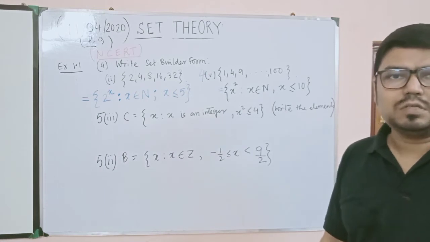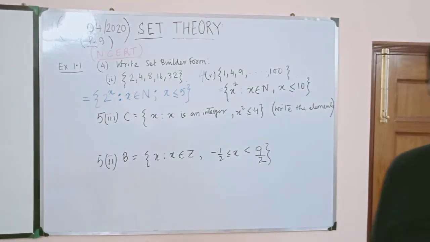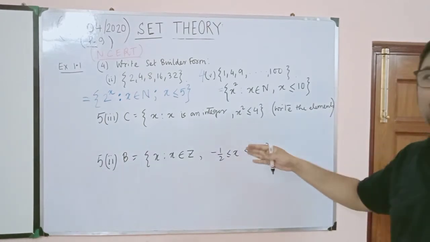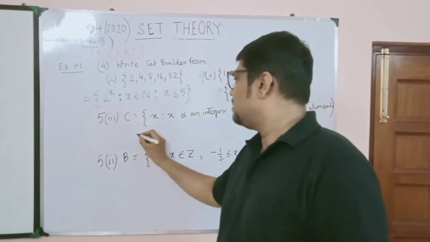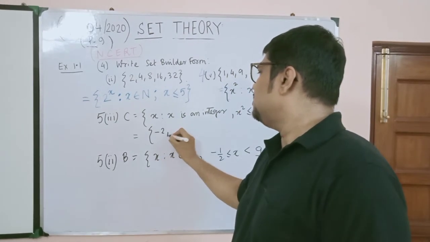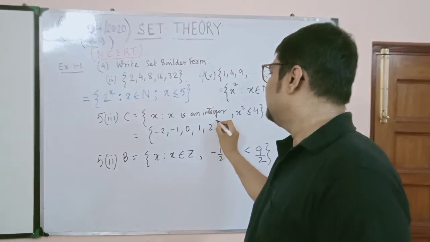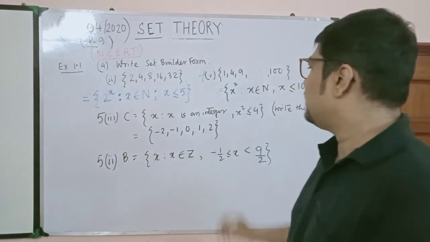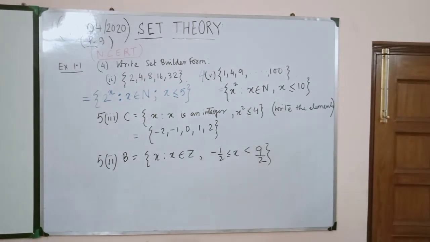No, because 2 is the maximum and 2 square is 4. If x becomes 3 or more, its x square will be more than 4. As well as the negative integers you get. So here we can write these elements are -2, -1, 0, 1 and 2, because if you square these, you will get up to 4.